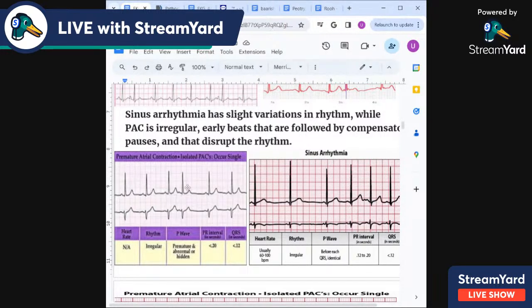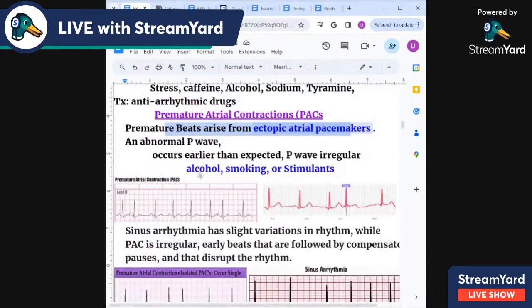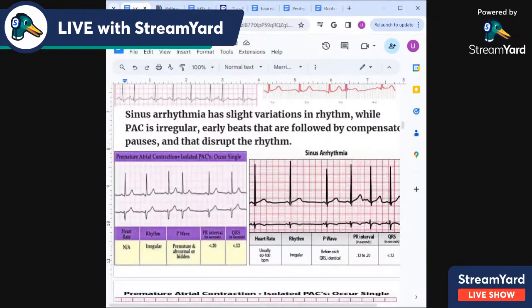But this one here on the left is premature atrial contraction, so there is a gap after that. It may be due to alcohol consumption, smoking, or stimulant use. Premature atrial contraction arising from an ectopic atrial pacemaker causes irregular rhythm.